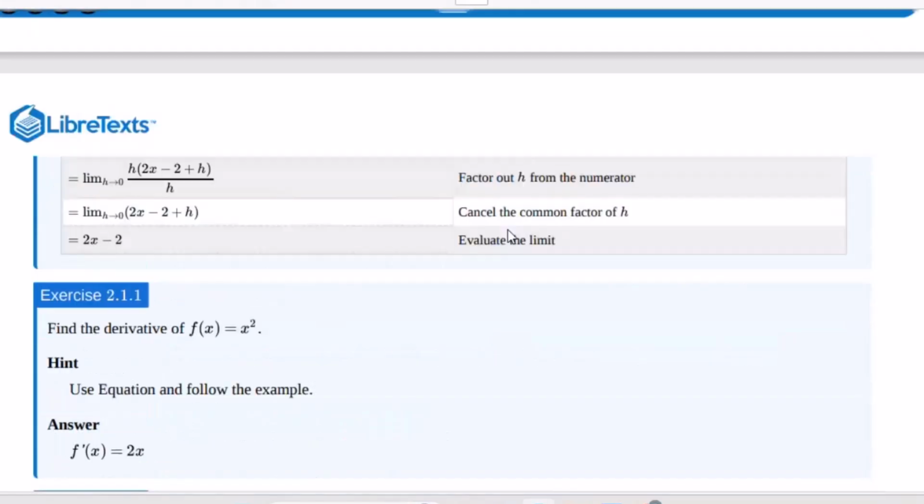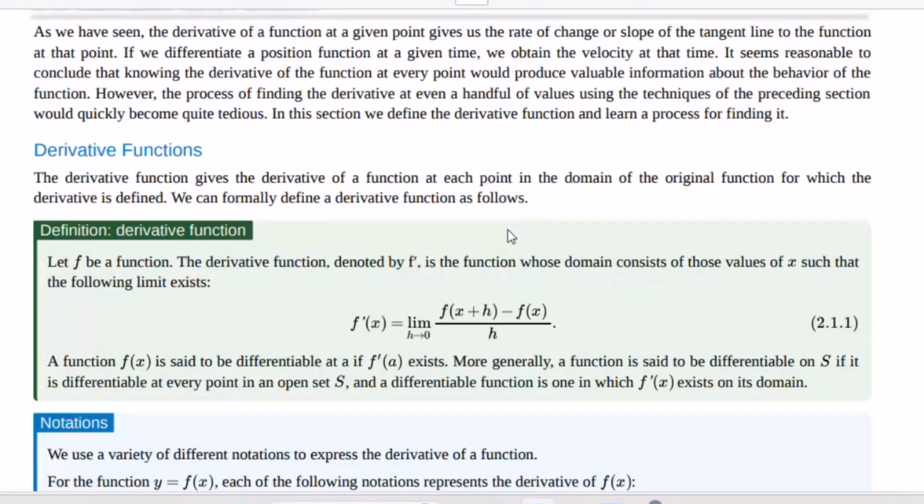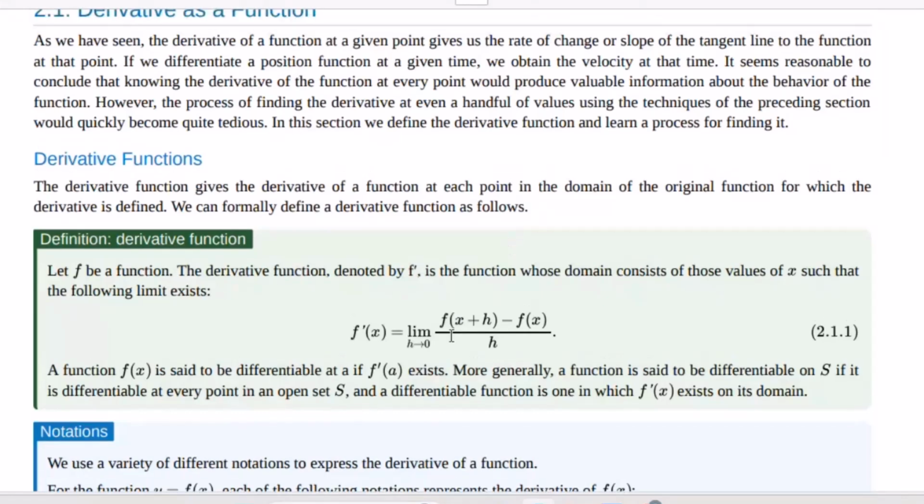This is what we talked about. Do you see this definition? Yes, Prof. Okay. This definition says, let f be a function.